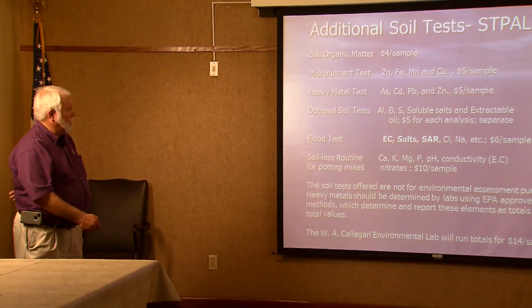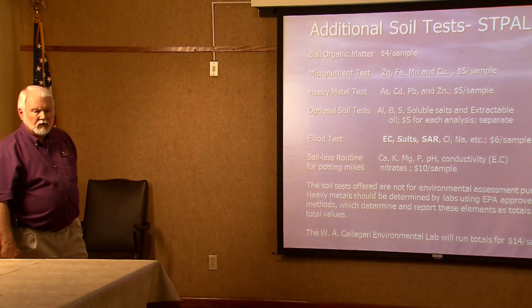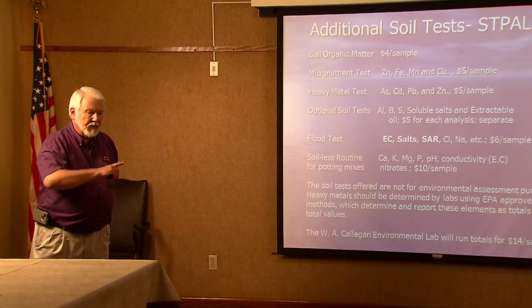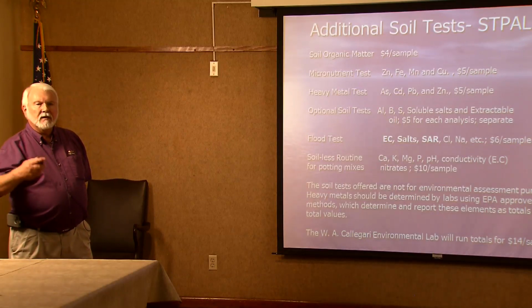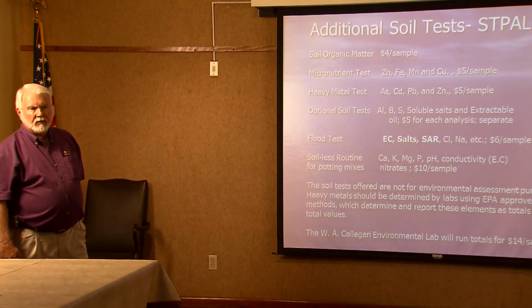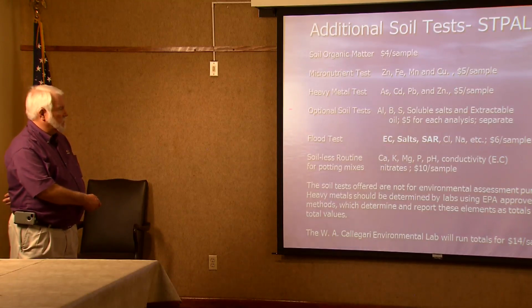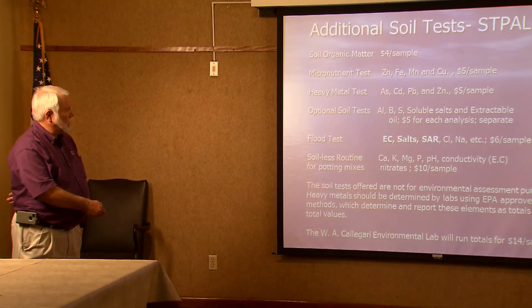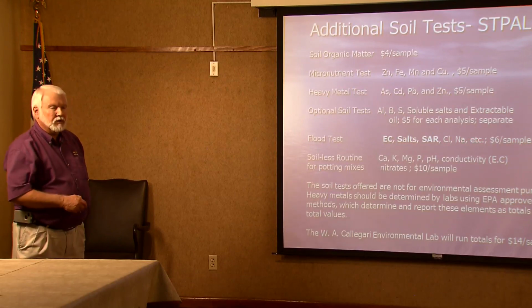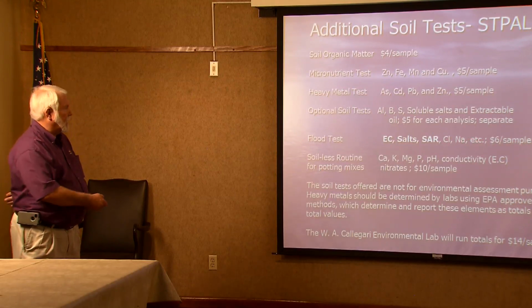This is generally used by those folks down in the New Orleans metro area that are building levees, the contractors. And we interpret these ourselves. We're looking primarily at electrical conductivity, which we convert to salts. We look at an SAR, which is a sodium adsorption ratio. Then we look at the concentrations of chloride, sodium, and also sulfur as a sidelight.